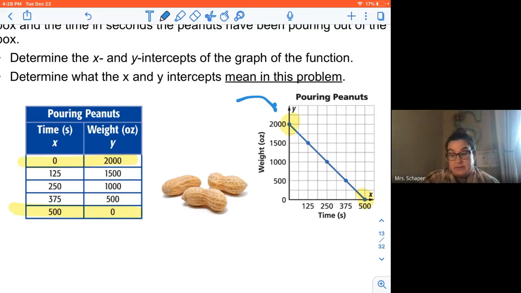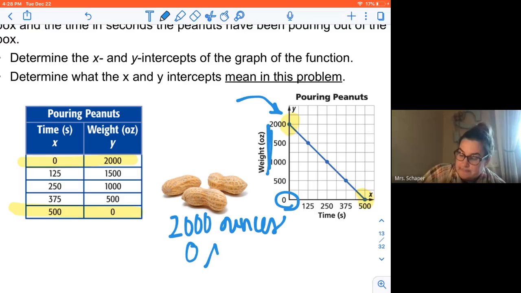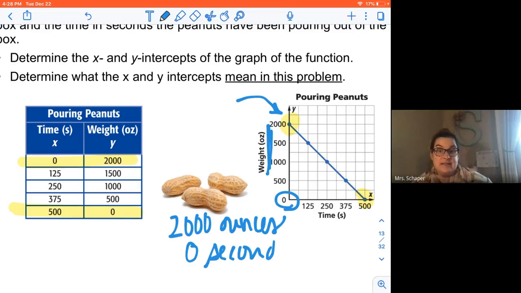It's 2,000, and that 2,000 represents weight in ounces. So when there are 2,000 ounces, there are 0 seconds. So it's been pouring for 0 seconds if there's 2,000 ounces.